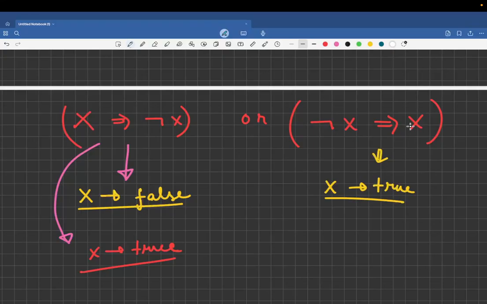So we have to be very careful while assigning the values to the variables. We have seen how we will actually assign the values. If not x is reachable from x, in that case we will assign x as false. If x is reachable from not x, in that case the assignment of x should be true.